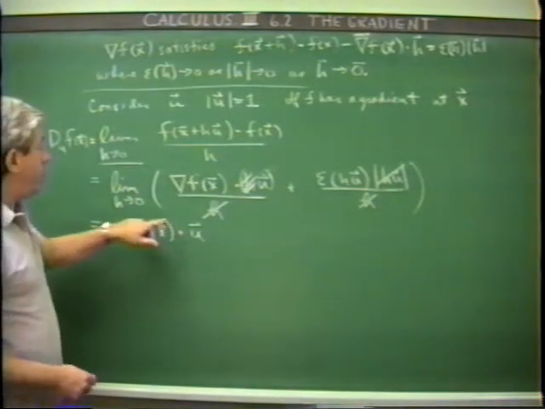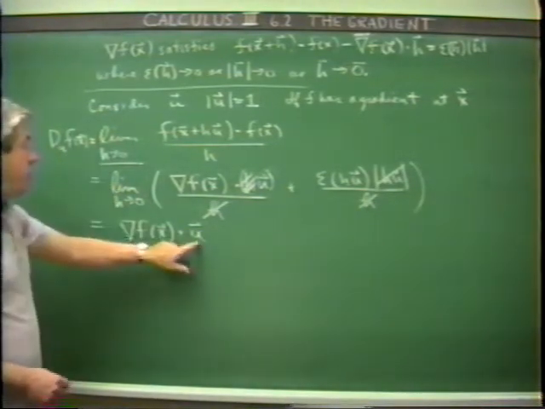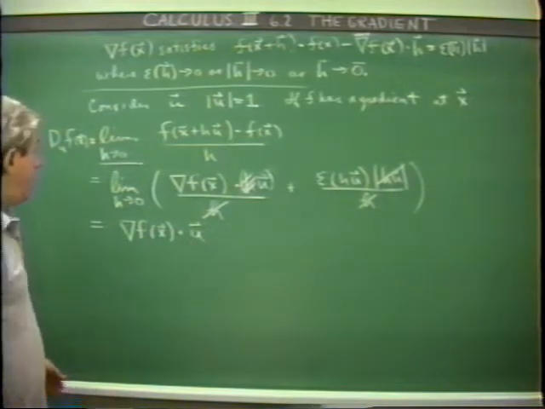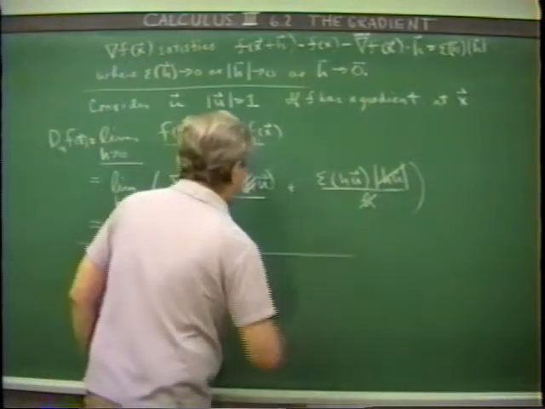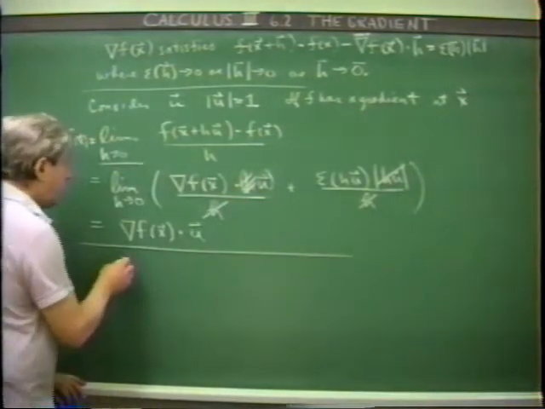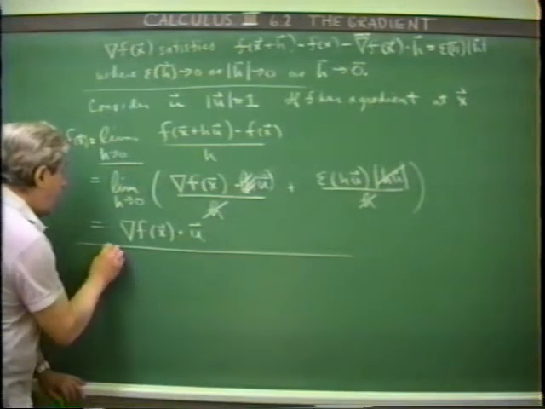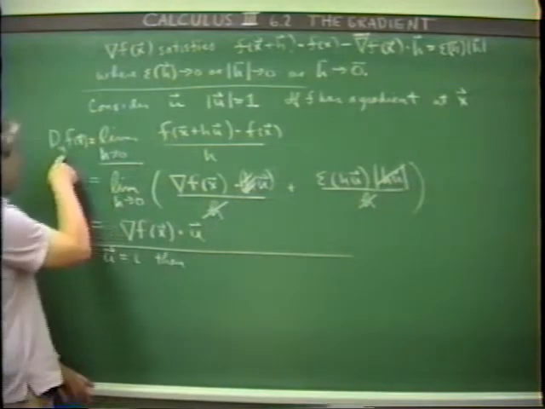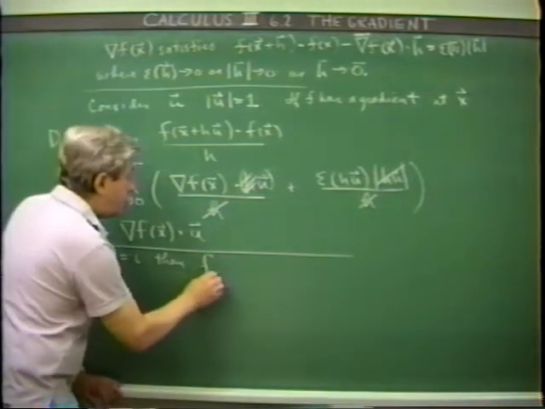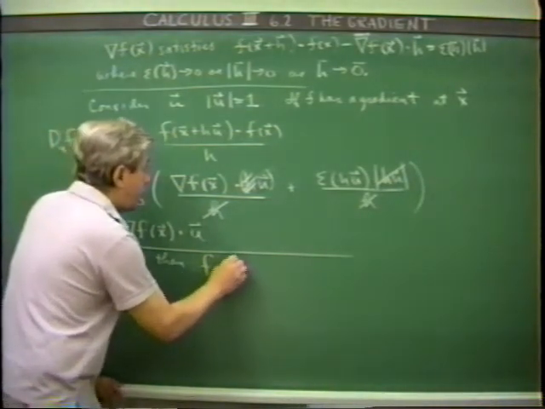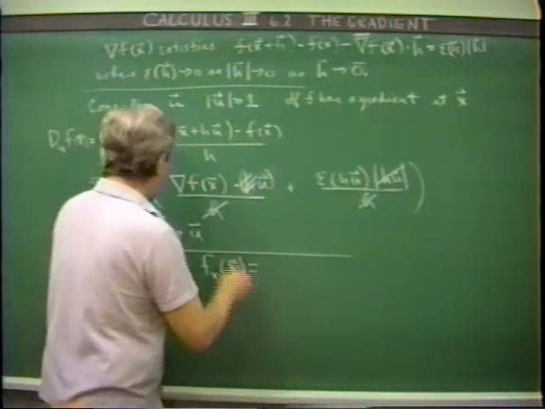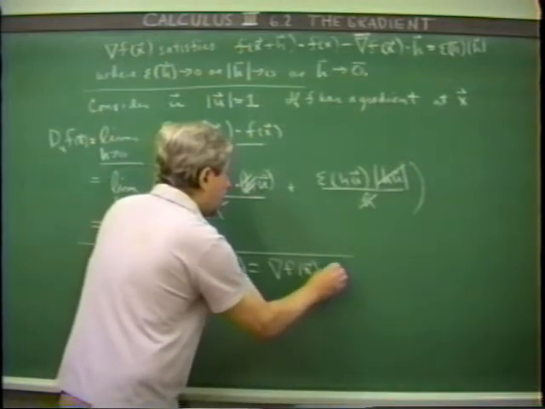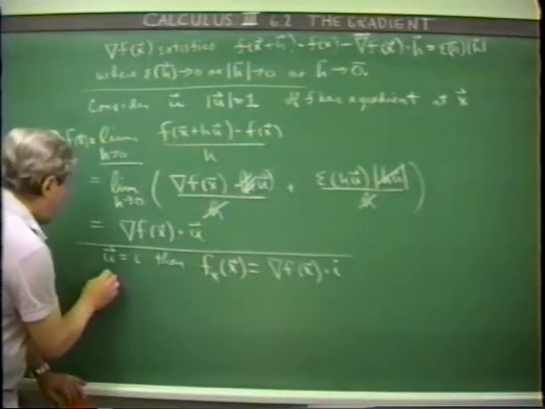So if we knew how to find the gradient, we could then find the directional derivative in any direction u by simply dotting the gradient with u. However, right, finding the gradient is not a big problem. Notice what happens here. If we let u equal i, then the directional derivative in the direction i, which is the partial with respect to x at the point, is equal to the gradient of f at this point dotted with i.